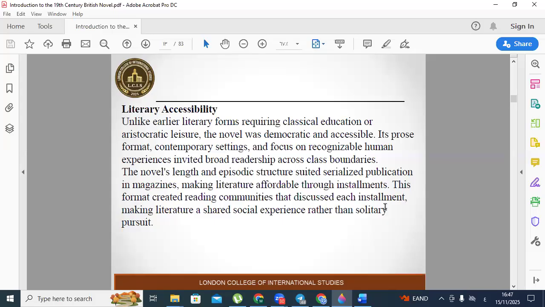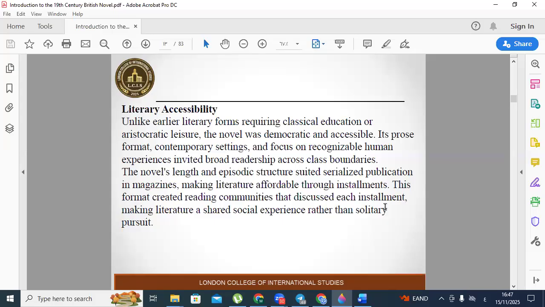The novel also suited private reading in ways drama couldn't. You didn't need to attend a theater at a specific time. You could read at home, at your own pace, fitting reading around work and family obligations. This suited middle-class domestic ideologies that valued home-centered leisure.